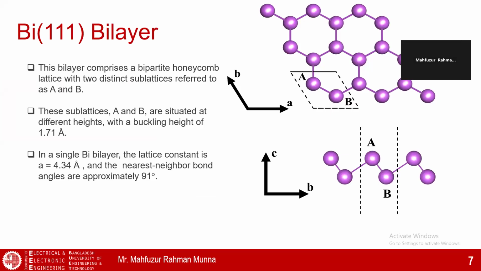So now let's talk about the crystal structure of the bismuth (111) bilayer. Bismuth (111) has a bipartite honeycomb lattice.